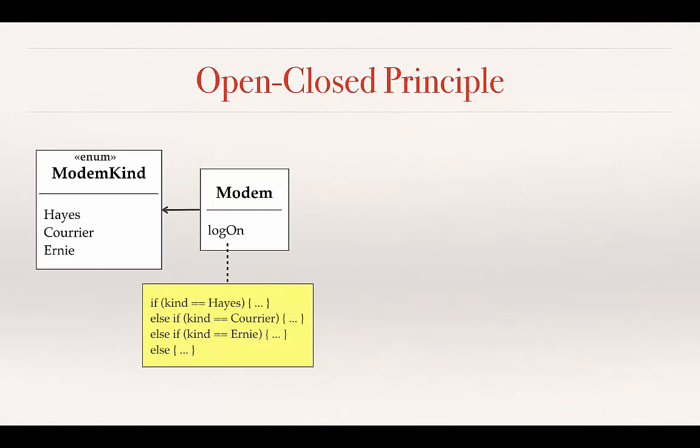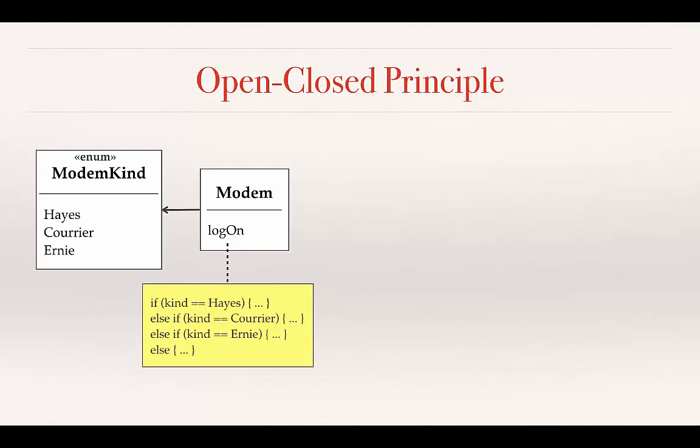Here we have a modem class with a logon method. The modem class uses an enumeration type to determine what kind of modem it's logging on with. Based on that information, it will use the logon sequence appropriate for that modem. For example, if it's a Hayes modem, it will use a Hayes modem logon sequence. If it's a Courier modem, it will use the Courier modem logon sequence, and so on.